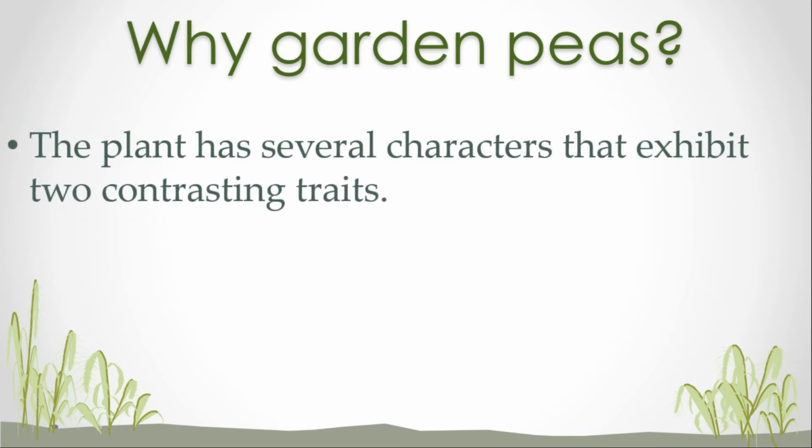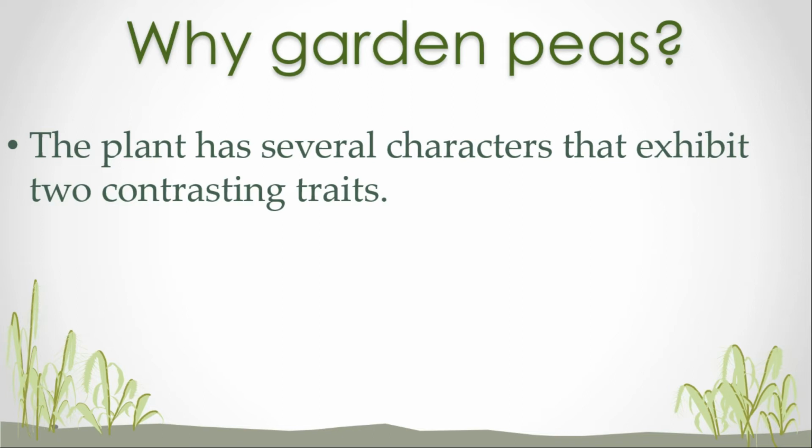Number one, the plant has several characters that exhibit two contrasting traits. As in, when you look at that plant, dalawa lang yung kanyang traits para sa isang character. For example, yung seed color niya, wala nang ibang seed color for a garden pea plant but yellow and green.